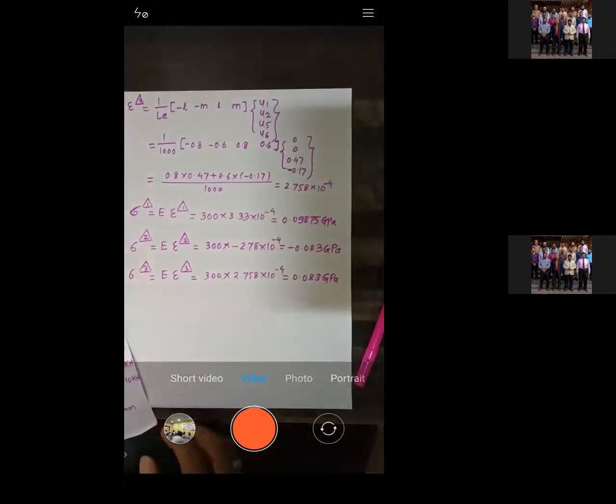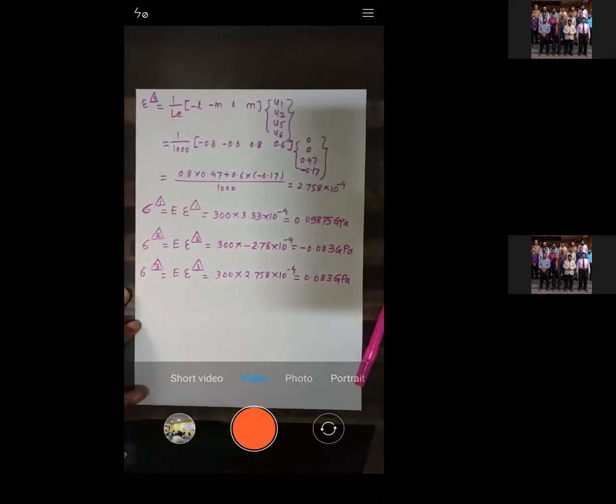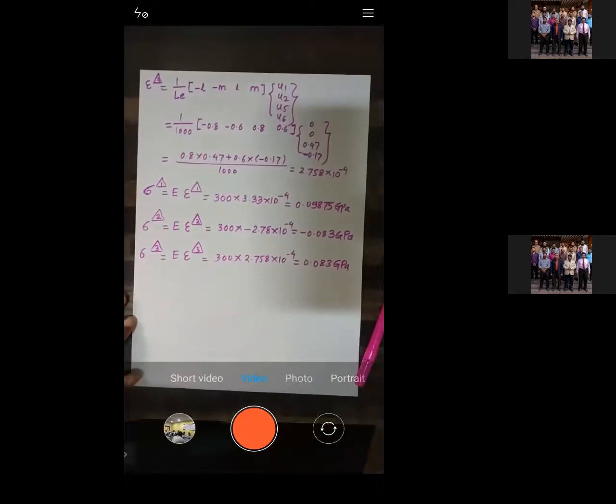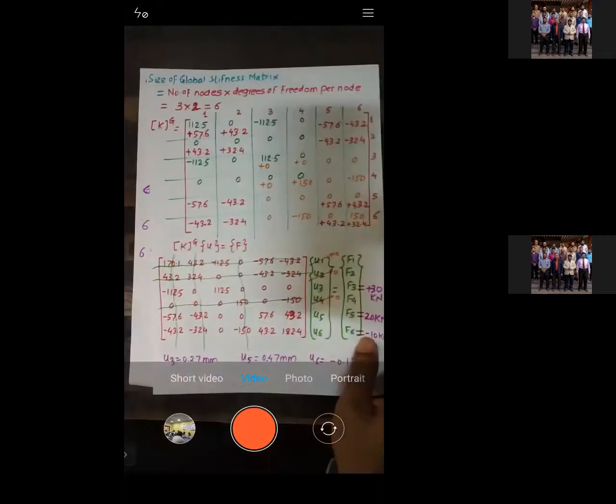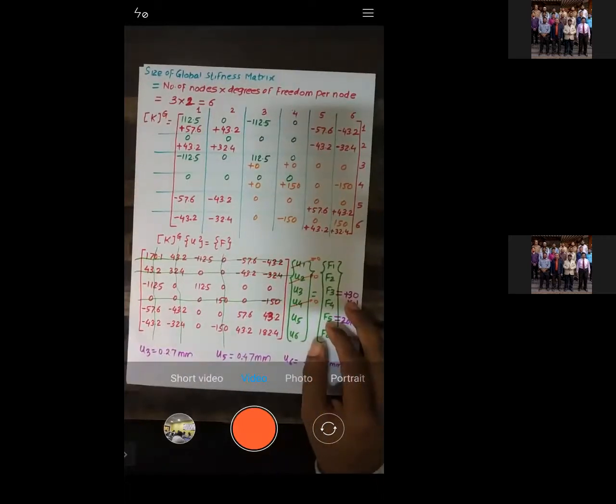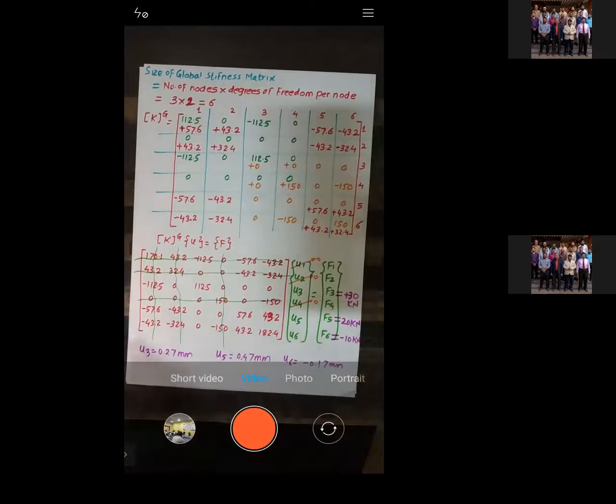Have you understood this numerical? Let me know. You can respond, not a problem. You can all respond. Yes, is it okay, all of you?